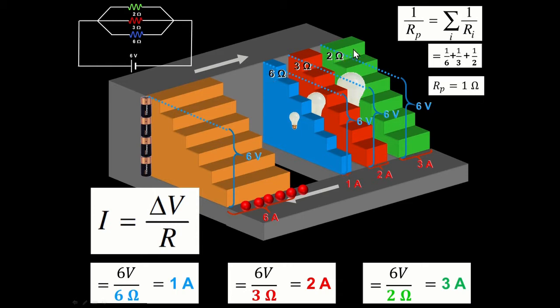Those 3 resistors in parallel have an equivalent resistance of just 1 ohm. So 6 volts with just 1 ohm of resistance is going to be 6 amps altogether. Okay, we found it 2 different ways. Finding the total resistance or adding up the individual currents.